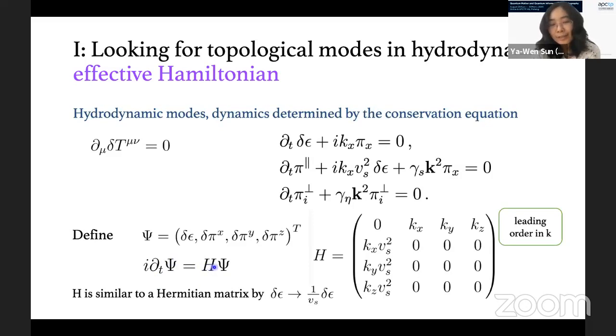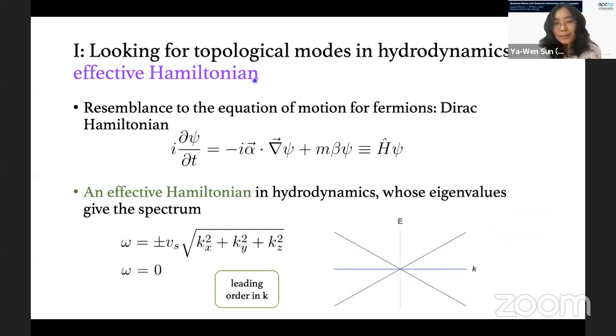Psi is a vector. So in this way, H becomes a matrix. And from these equations, we can write H like this. So this matrix is this H. This is very similar to what we have for a Dirac fermion. For a Dirac fermion, this psi is a spinor. In 4 dimensions, it also has 4 components.